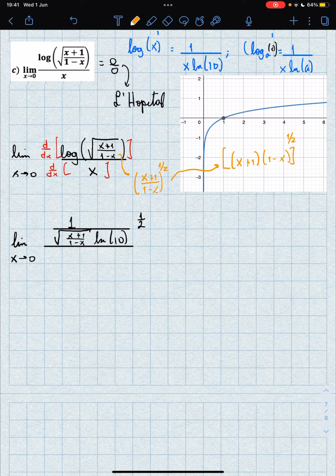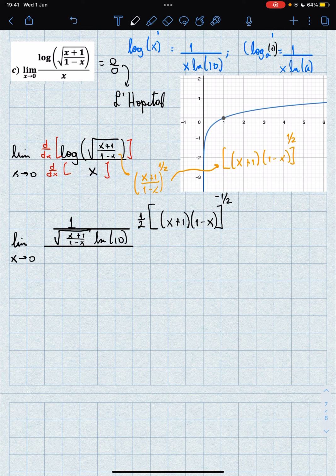So this is going to be 1/2, sorry, 1/2 of x plus 1, 1 minus x, like this.